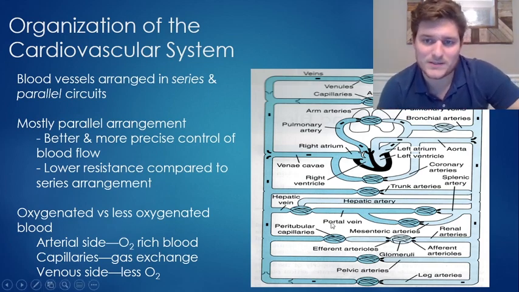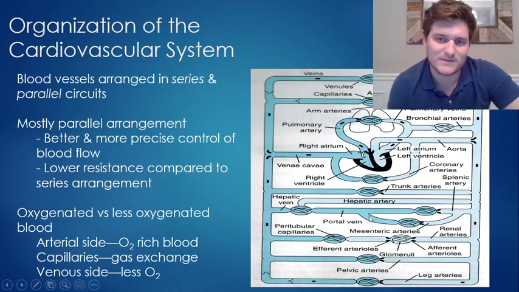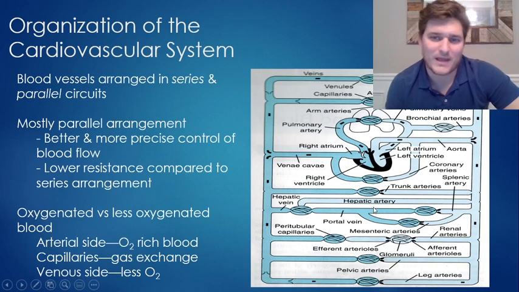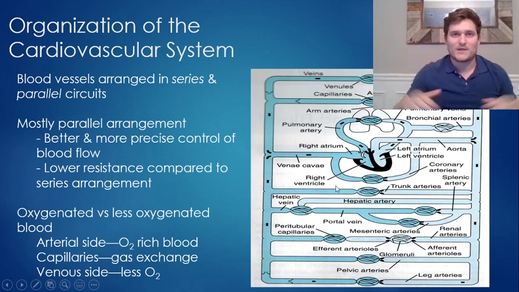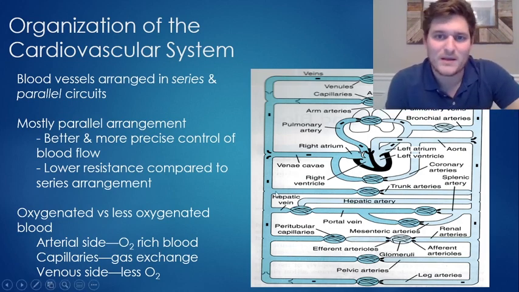Oxygen in the systemic circulation is going to be dumped off from those red blood cells to the cells to be used for aerobic respiration. CO2 will go from those cells into the capillaries and into the bloodstream. Now the blood that leaves those cells and organs is deoxygenated, meaning it has a lower pressure of oxygen within that venous blood, and a higher amount and higher pressure of CO2.